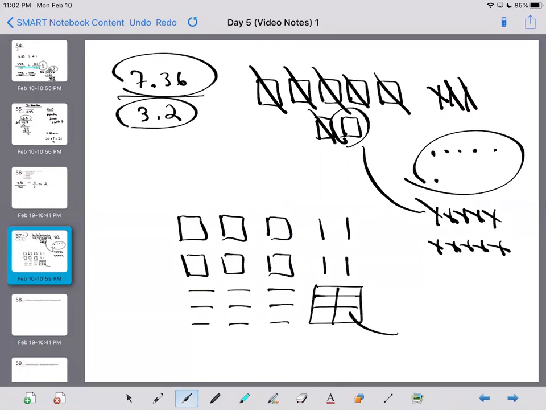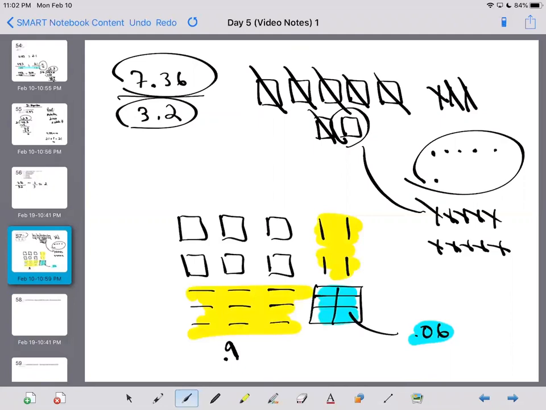And so we've got 6 hundredths here. And then in yellow here, we've got 1, 2, 3, 6, 9. We've got 9 tenths.